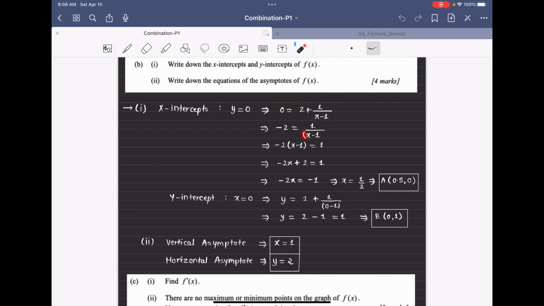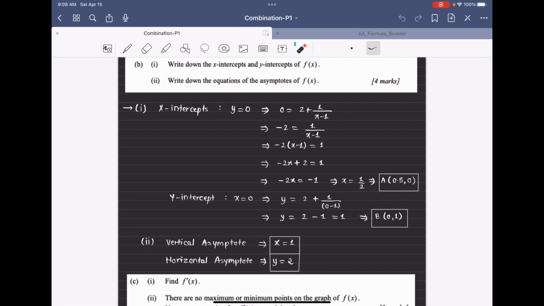Now I'm taking this denominator to the other side, making a bracket. So minus 2 times x minus 1 is equal to 1. Minus 2 times x is minus 2x, minus 2 times minus 1 is plus 2. Keeping minus 2x as it is, take 2 to the other side, 1 minus 2 becomes minus 1. So minus 2x is equal to minus 1, so x is equal to minus 1 upon minus 2, which is 1 upon 2, which is 0.5.